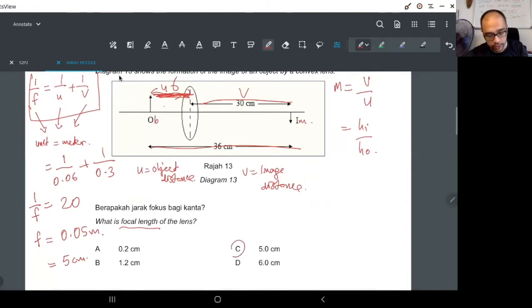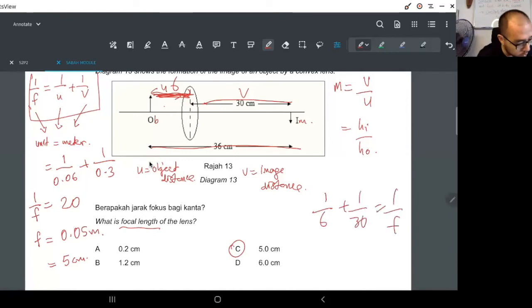So our answer for this will be C. Again, you know what? Let's just experiment now. I cannot remember whether this is the one we have to change. Let's say you don't change it to meters. So 1 over 6 plus 1 over 30 equals 1 over F. You will get 1 over F equals 1 over 5.